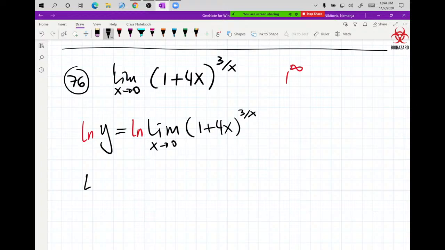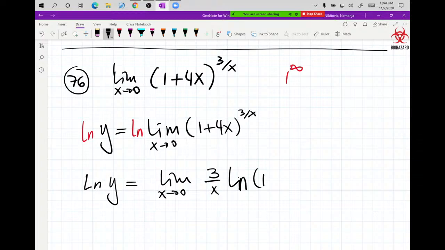Let's see. So ln y, swap these guys, and you know that 3x will go in front. And we have this. So now we check.